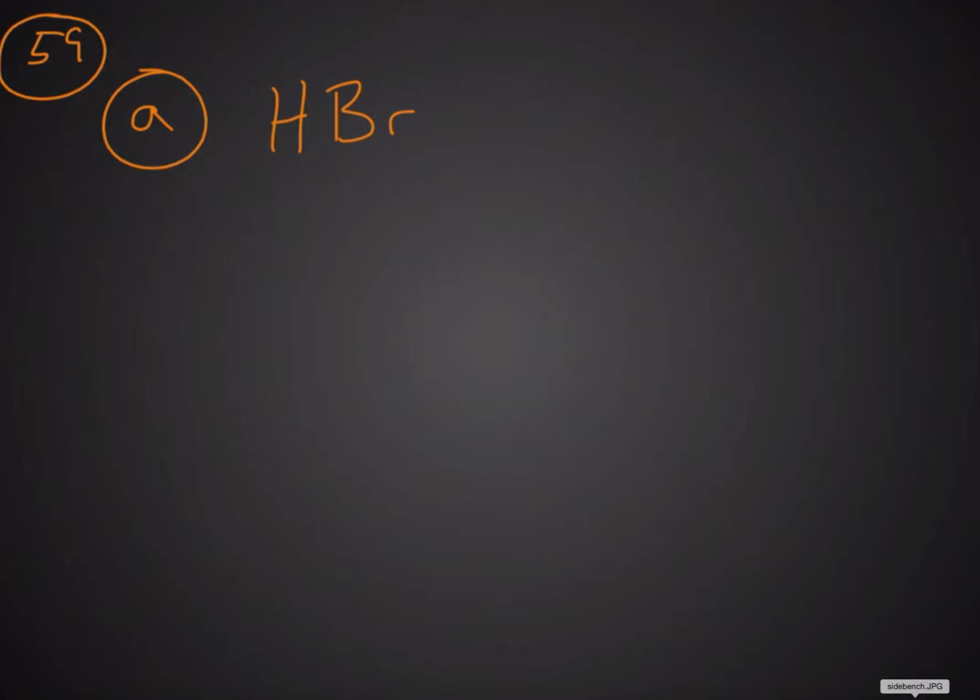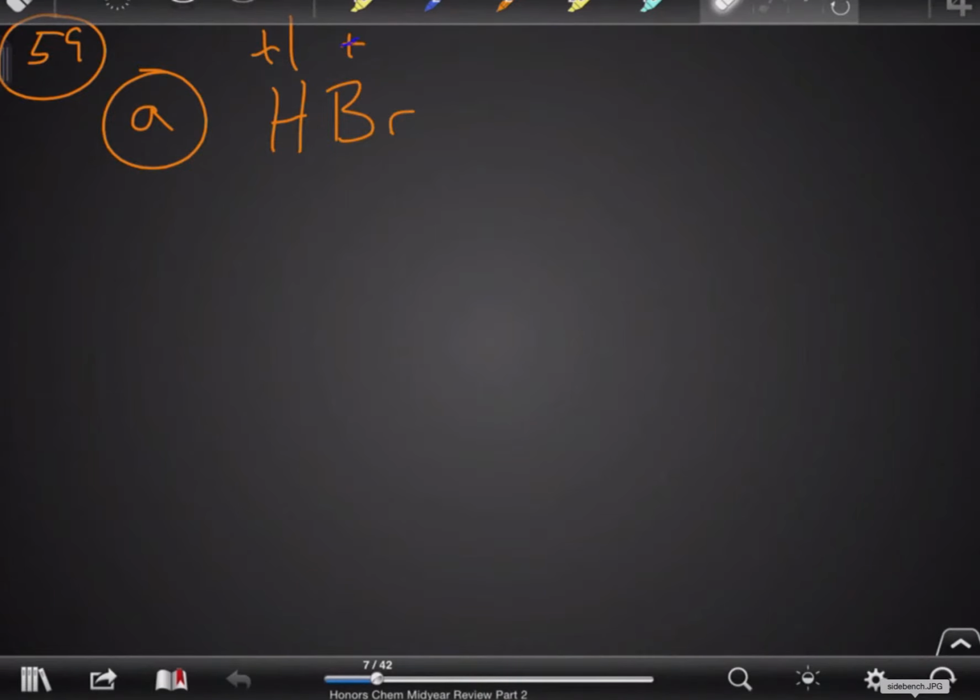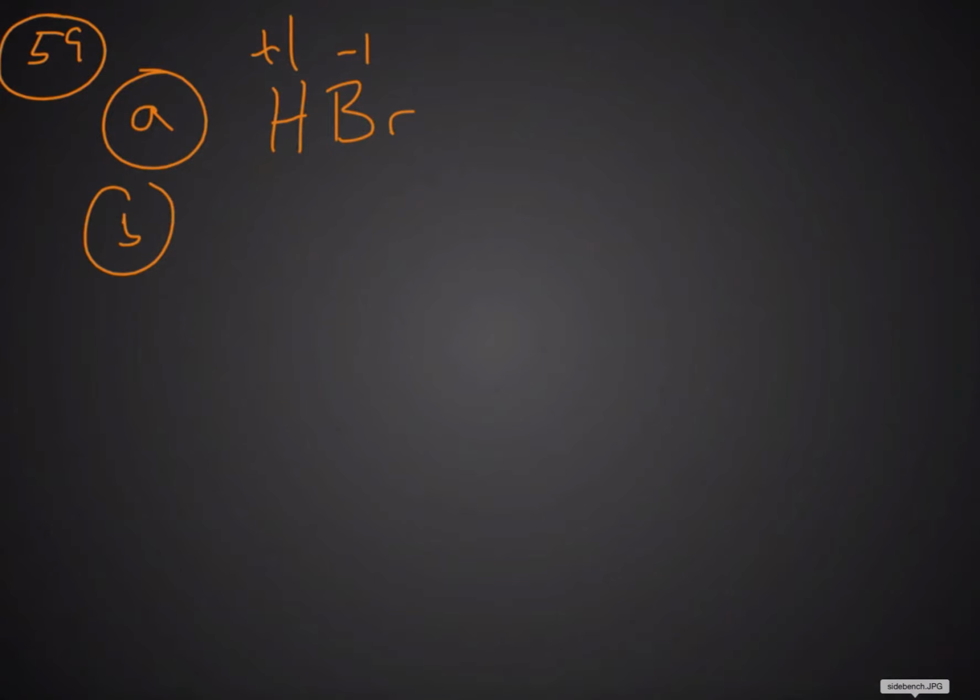In order to do that, you have to look at all the other elements in there, work out their oxidation states, and add the oxidation state of bromine to balance everything out. Hydrogen is going to be a +1 oxidation state, which means that bromine must be -1 in order for that to be neutral.